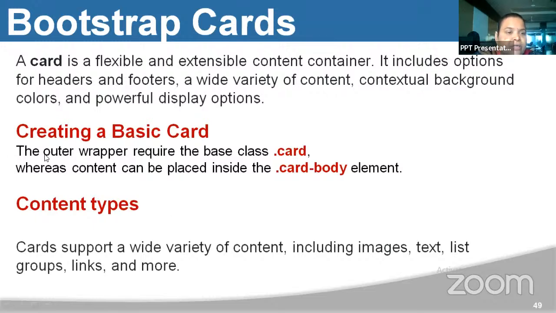First one, the outer wrapper box, you are using the class called dot card class. Mainly for card purpose, if you want to display a simply empty box, you are using the class called dot card.